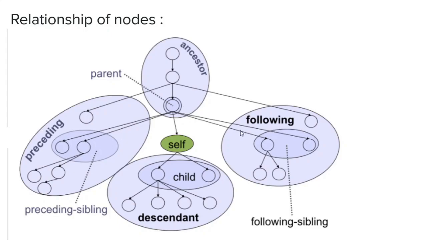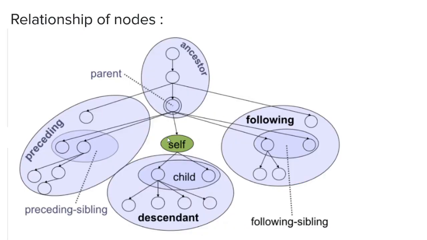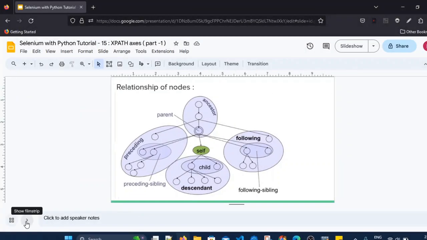So first is child. The first one we will see is the child XPath axis. So if you see this self node, what are the child nodes? If you see these two, this one and this one.